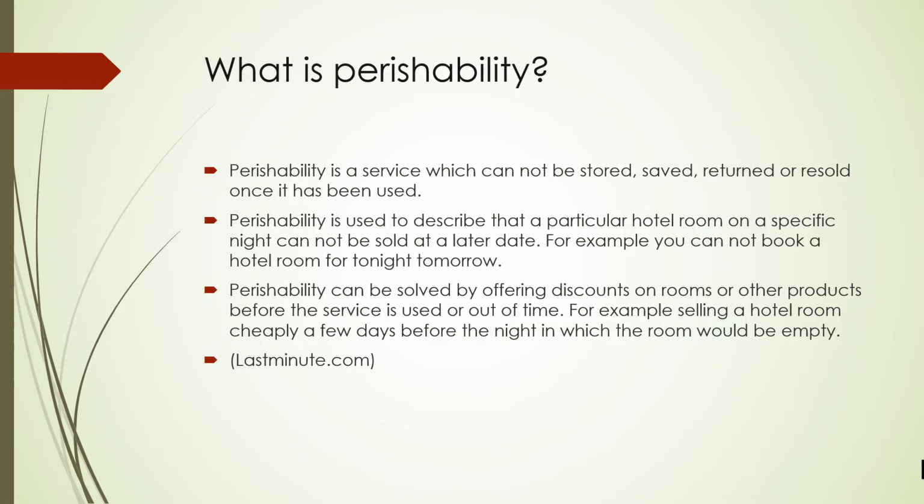Perishability is used to describe that a particular hotel room on a specific night cannot be sold at a later date. For example, you cannot book a hotel room for tonight, tomorrow. I think that is correct. Do not take my word for that. I believe that is what is correct. It is very confusing, and I have tried on this.